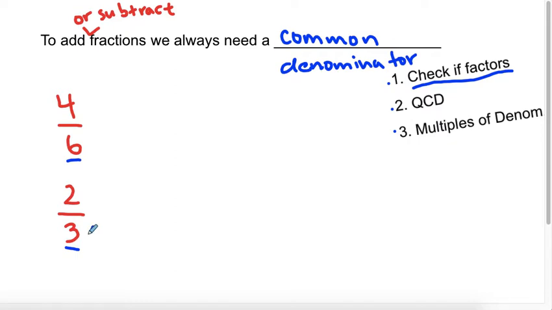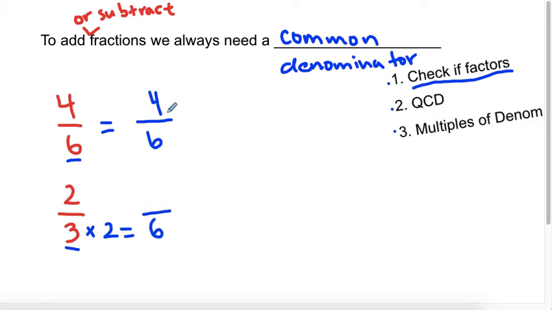So if we think about how many 3's would fit into 6, the answer to that would be 2. So we can turn 3 into 6 just by multiplying it by 2. And that is good for us because that gives us a common denominator. So we didn't even have to change this fraction. So if you're looking for factors, and this really should be, I said factors, it's multiples.